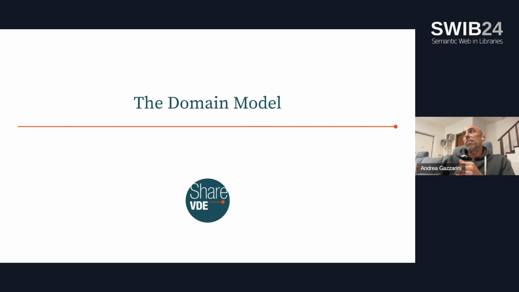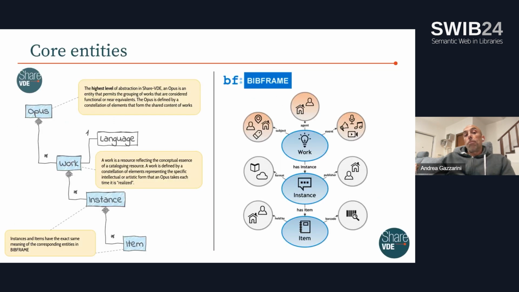Let's see how the data is organized within Sapientia, the Share-VDE knowledge base. The Share-VDE domain model is basically inspired by BIBFRAME, the most popular bibliographic framework from the Library of Congress.